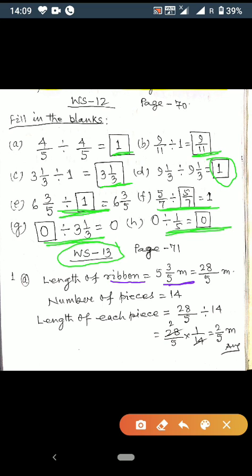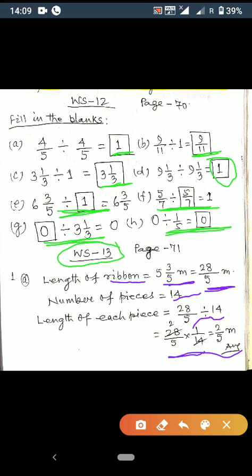So length of ribbon equal to 5 whole 3 by 5 meter. Convert the mixed number into an improper fraction. You will get 28 by 5 meter. Number of pieces equal to 14. The length of each piece equal to 28 by 5 divided by 14.